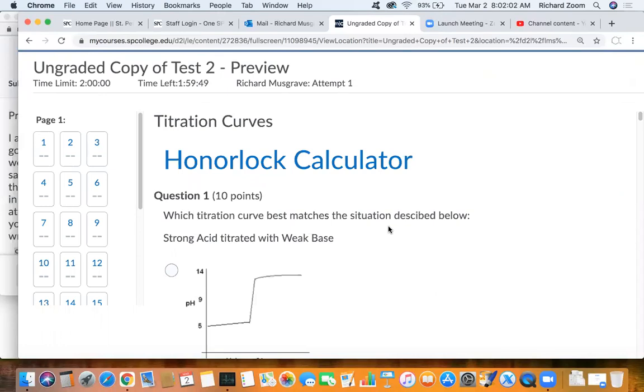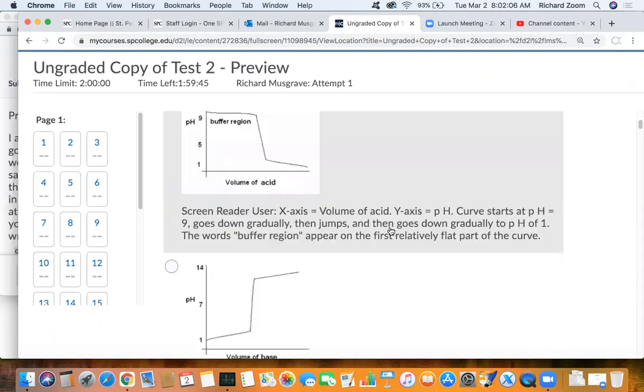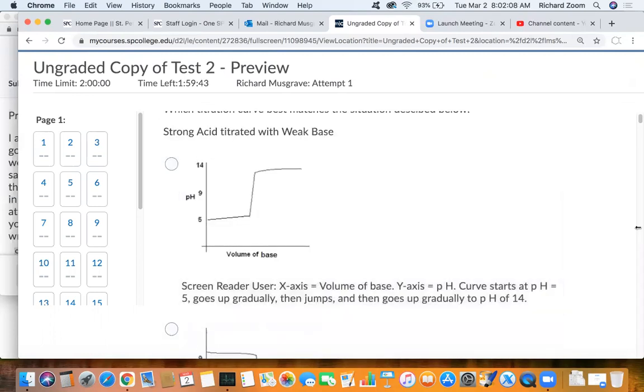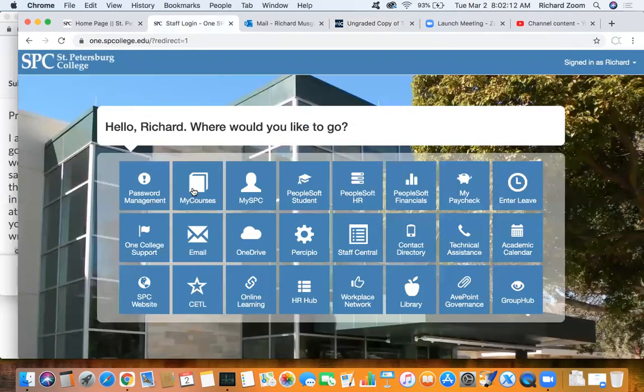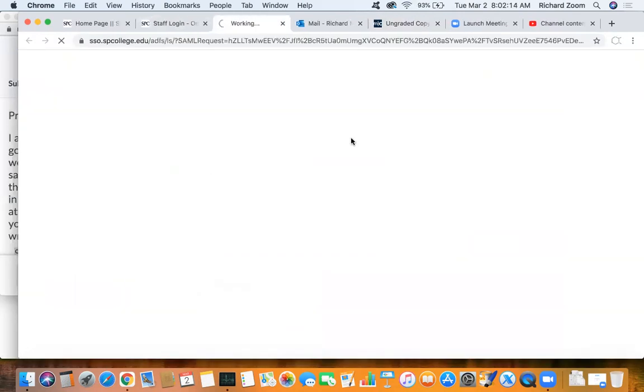Hey, Professor. Yes, Gabrielle. I'm confused on the buffer regions for question 1. Okay. Just for your own knowledge, I will open up another instance of my courses here and show you something.